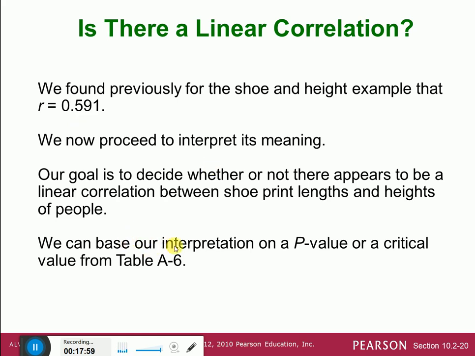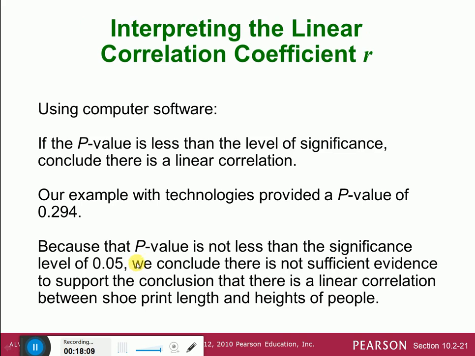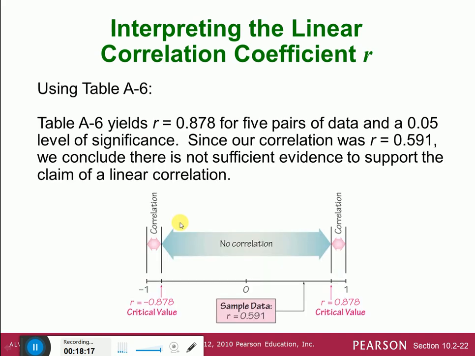We can base it on our p-value or a critical value from table A6. I'm not using the p-value in this chapter, so you can ignore that. We can just apply table A6.